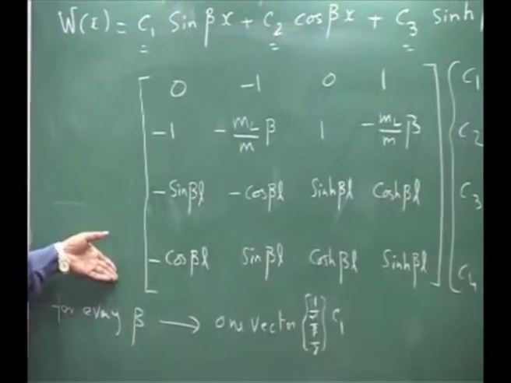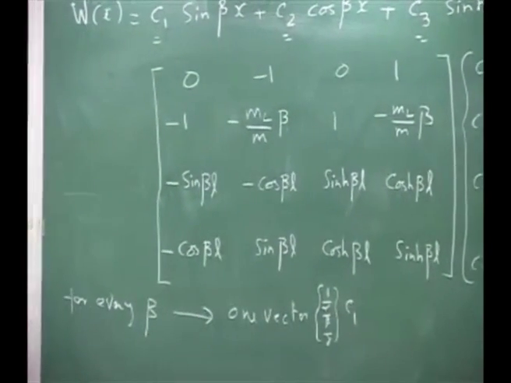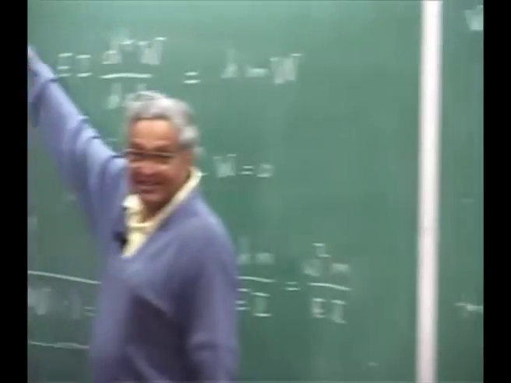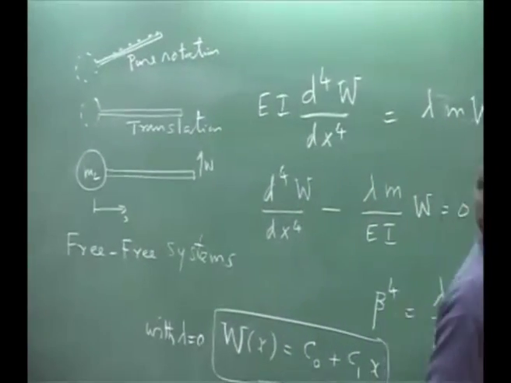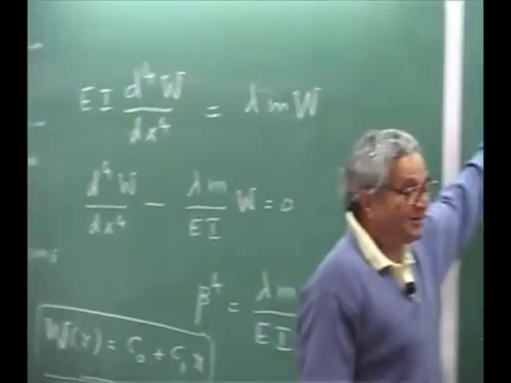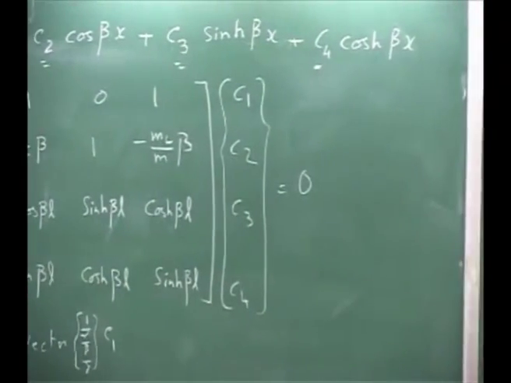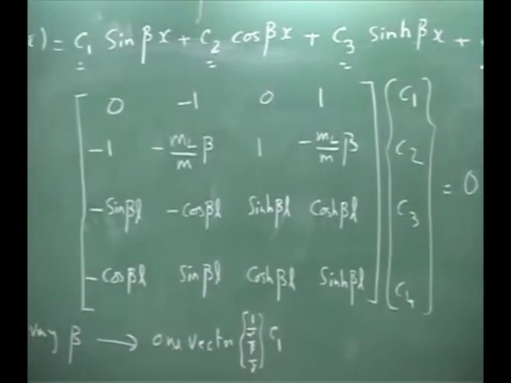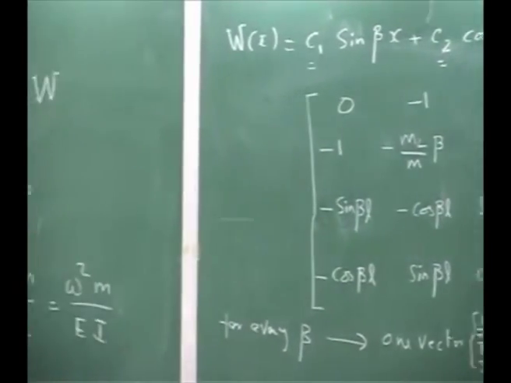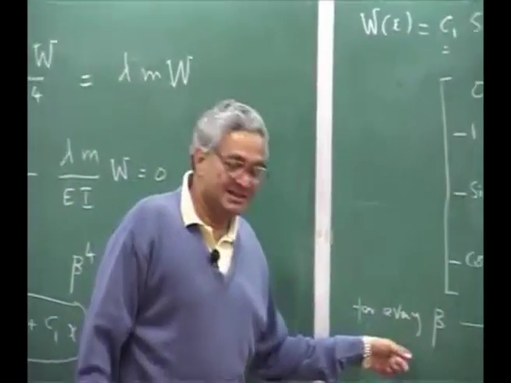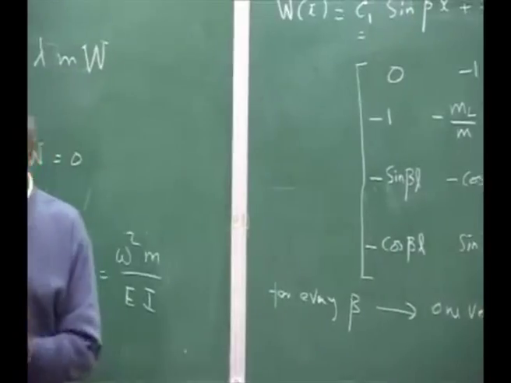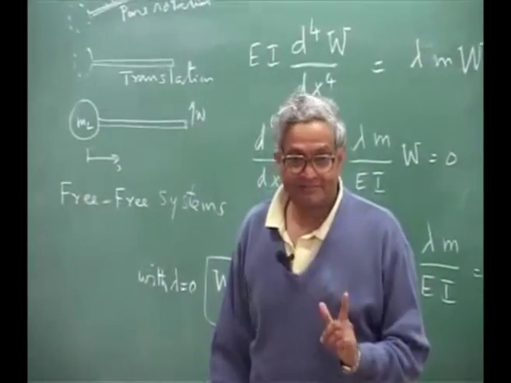Then what is this? These are your flexible modes. This is the rigid body mode. This is a function of x: sine, cosine, sine hyperbolic. They are flexible modes, and the flexible modes will have a corresponding non-zero lambda.